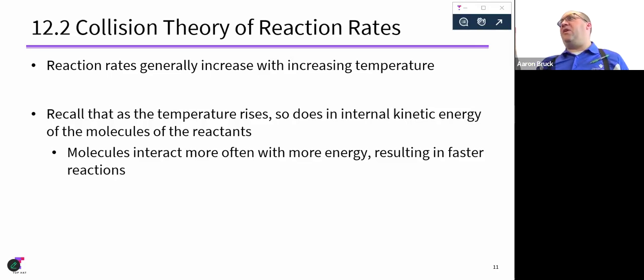We've covered two of the three conditions. By sheer probability of numbers, we would assume that we would get more effective collisions, since we are having more collisions, period, more of those collisions would also have the proper orientation.